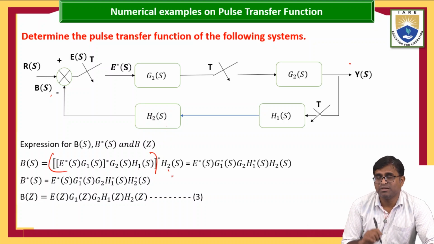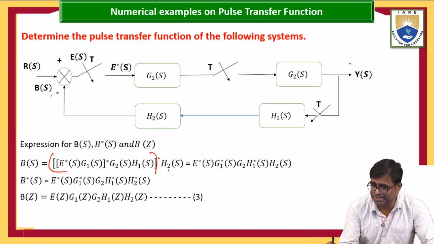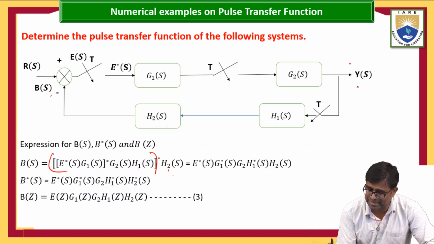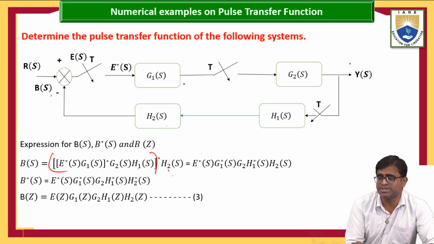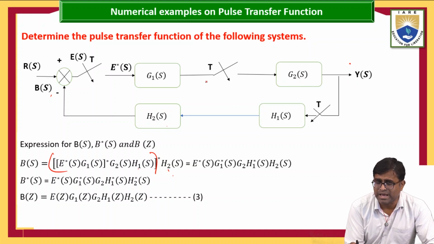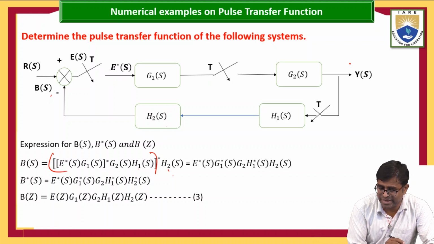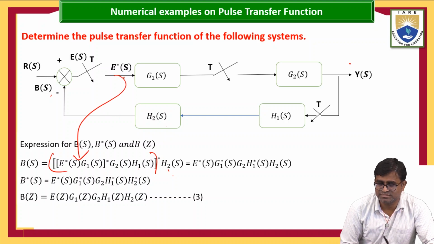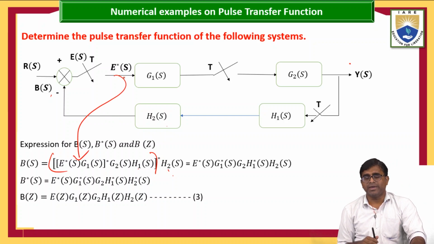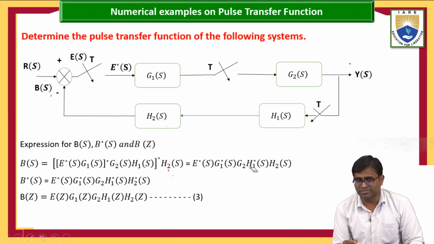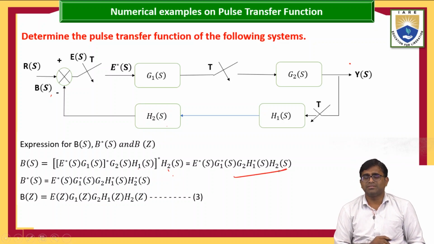This function is nothing but the total function, and before that is Y of S. Again, Y of S has one pulse between the two forward paths, and before the forward paths one pulse is there. That's why it is coming as these functions. So we got this value, and apply it for this one.